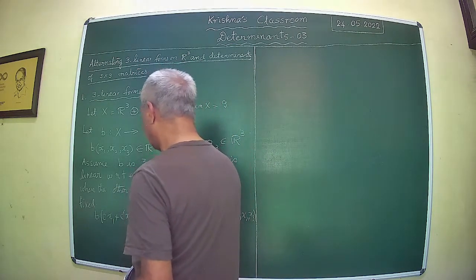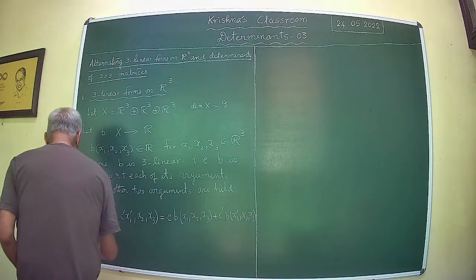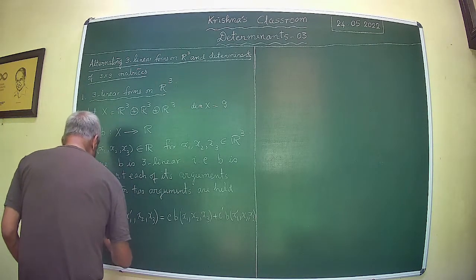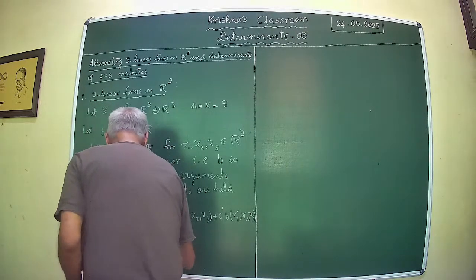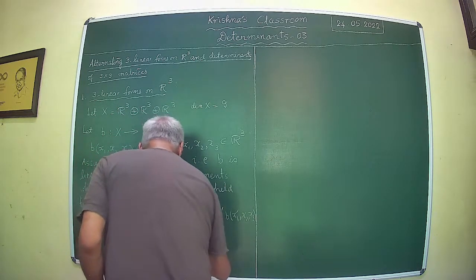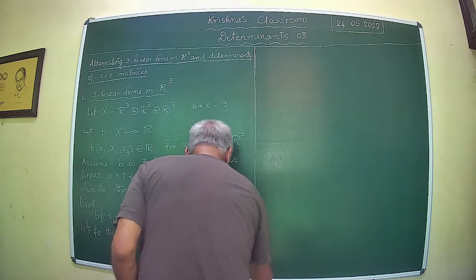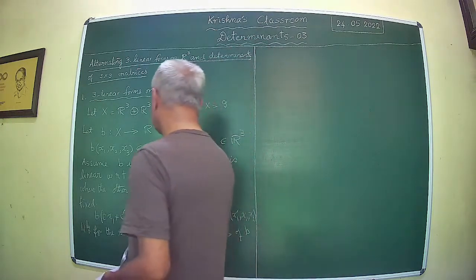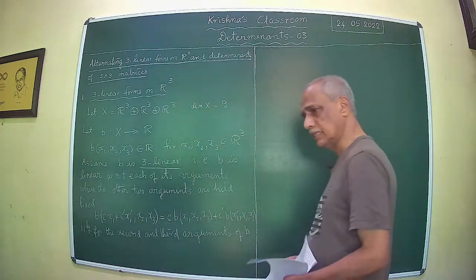Similarly for the second argument and similar statements for the second and third arguments. Then we say B is 3 linear. That is the definition of 3 linear forms.